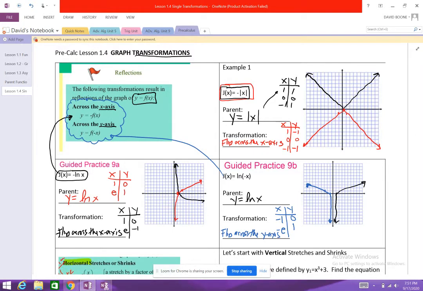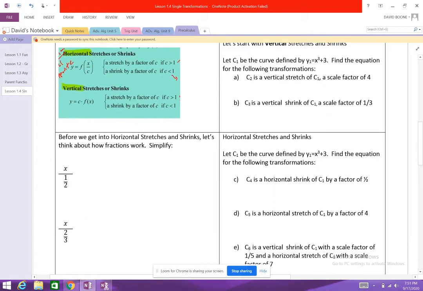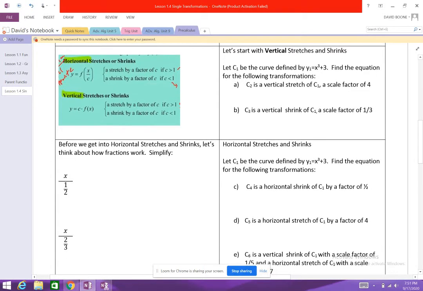Let's take a look at stretches and shrinks. We're going to look at our rules here, and it looks kind of complicated, but I'm going to try to get this straight for you. What I'm going to talk to you about is how to horizontally stretch or shrink things, and then how to vertically stretch or shrink things.